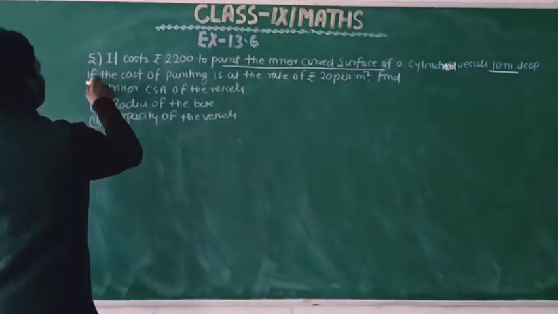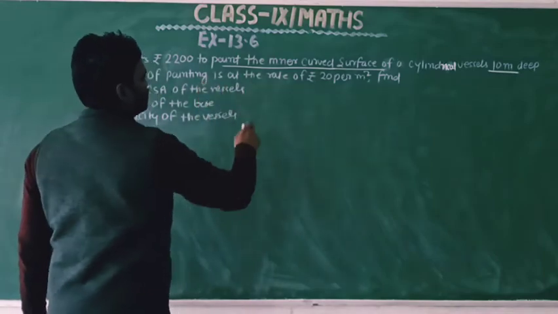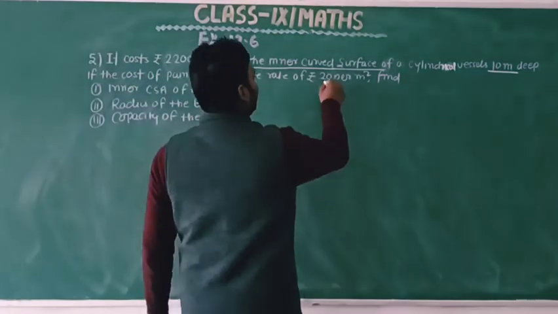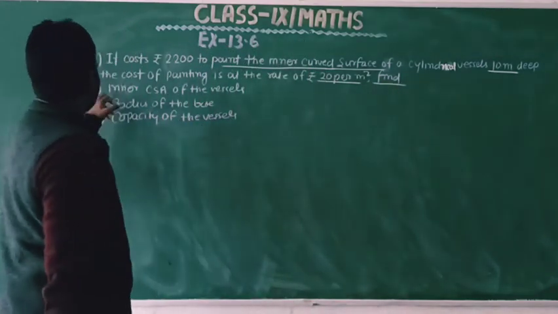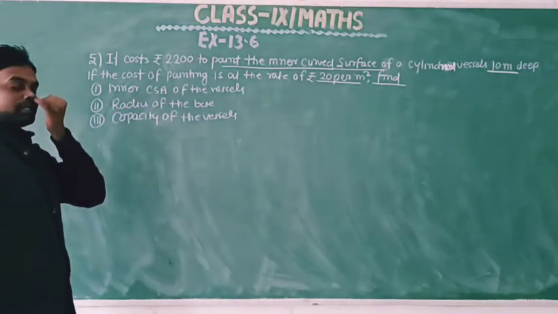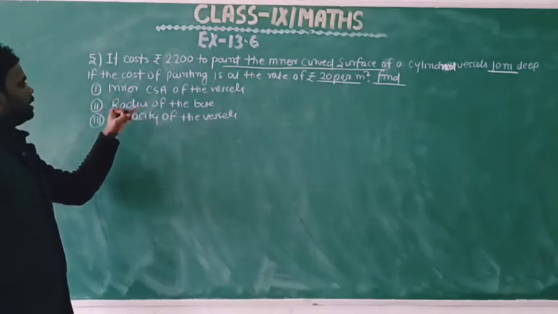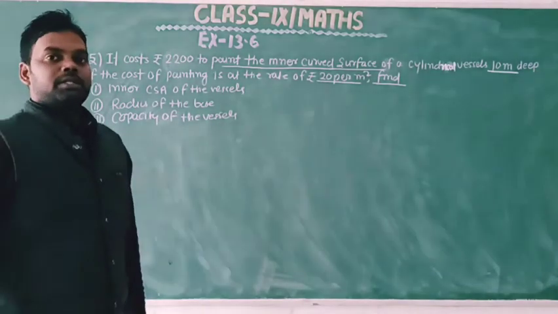If the cost of painting is at the rate of 20 per meter square, then we have to find: first, the inner curved surface area of the vessel; second, the radius of the base; and third, the capacity of the vessel.